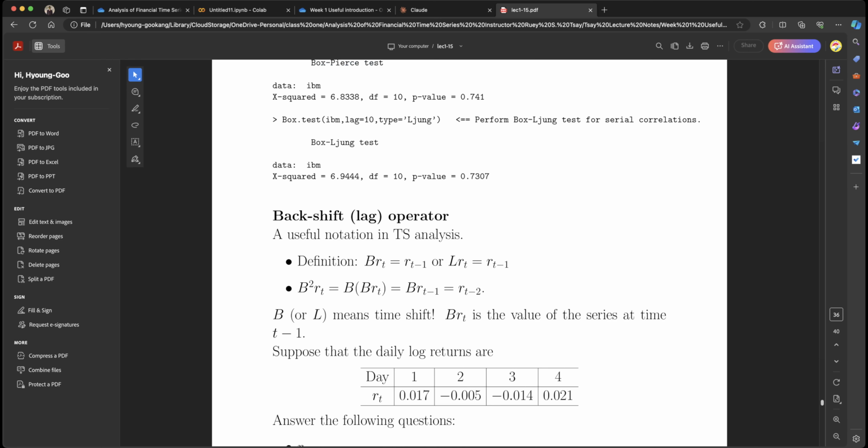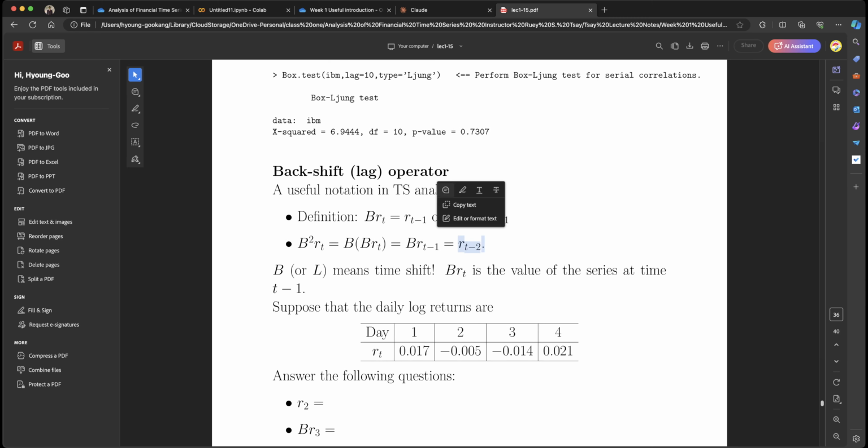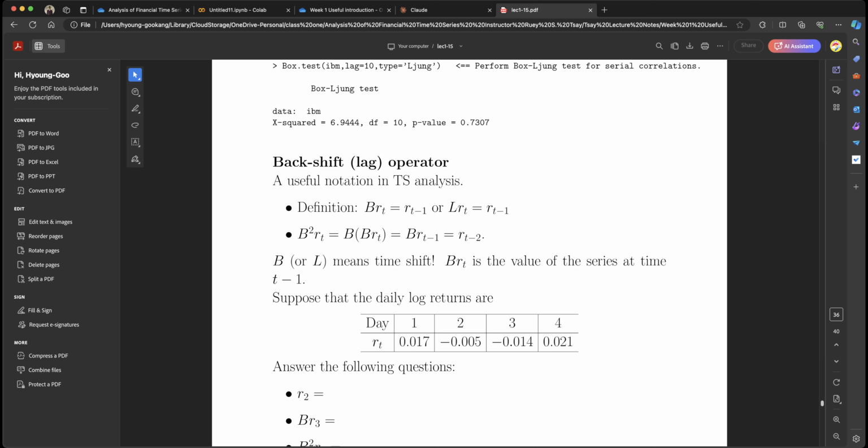A useful notation in time series analysis is definitely B. If we put B, it is the backshift operator. So B r_t, or L r_t, is r_{t-1}. It moves time back. How about B squared? B squared r_t is B B r_t, so you get r_{t-2}. B or L, backshift or lag operator.